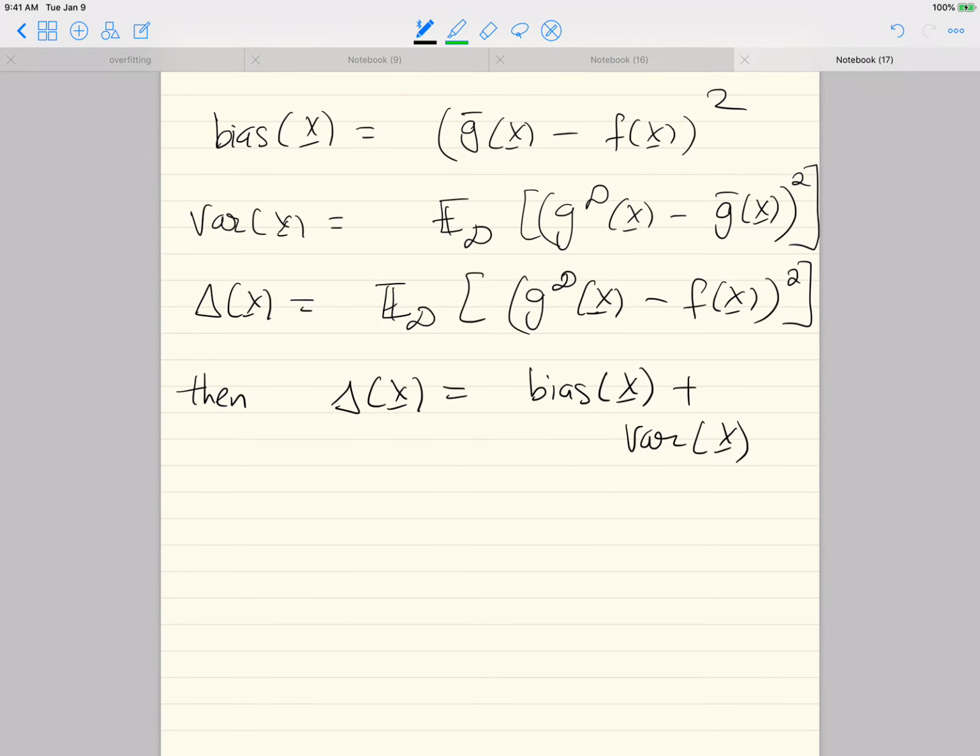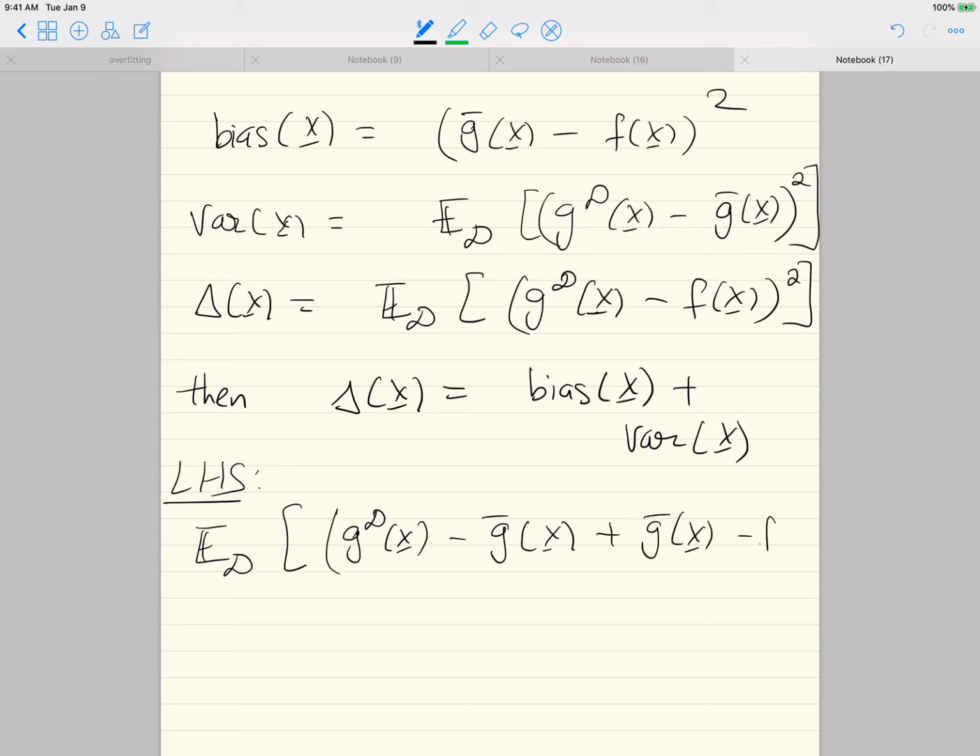And the way to do that is to start with the left hand side, LHS. We are computing the expected value of this quantity, g_D of x minus f of x, squared. So let us expand it. I have g_D of x, I will subtract g bar of x and add g bar of x, and then keep f of x as it was.